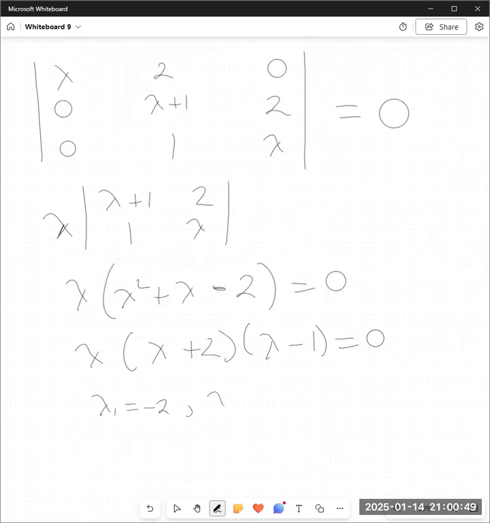My next biggest one is when lambda is equal to 0. And my third biggest one here is when lambda is equal to 1, that factor will be 0. So those are my 3 answers to number 51.